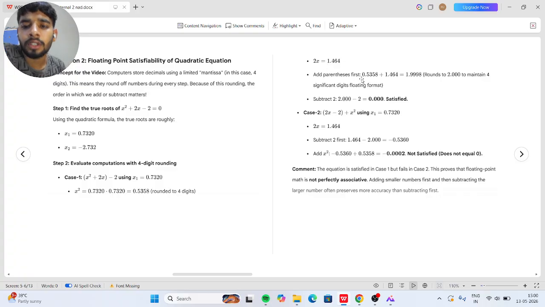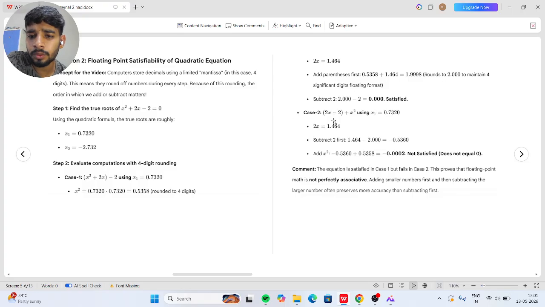Parentheses first, so 0.5358 plus 1.464 equals 1.9998, which rounds to maintain four significant digits in floating format, 2.000. Subtract: 2.000 minus 2 equals 0.000. Satisfied.